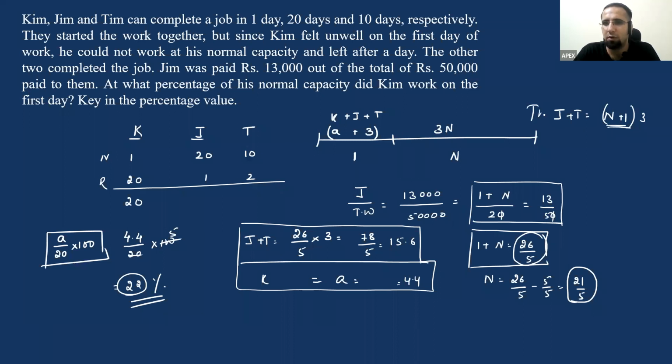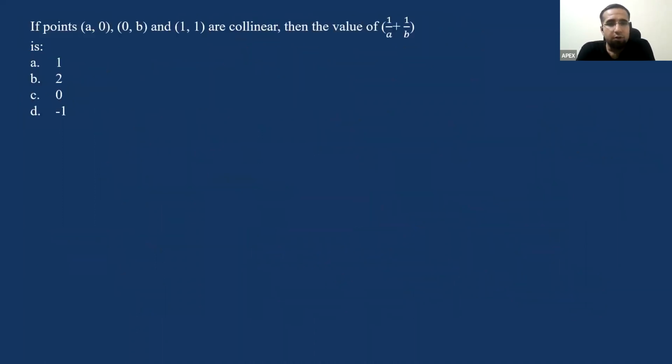Right? And from 20, if you subtract Jim plus Tim's work, we get the value of Kim, which is equal to A. If you apply this model, then it becomes very easy and you should be able to solve it. Clear? This is a very simple question, guys.